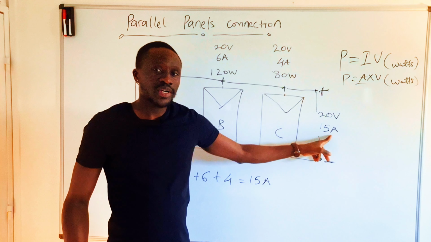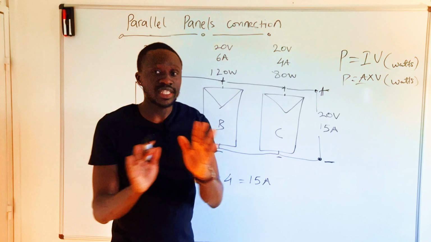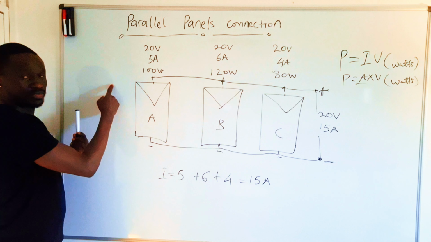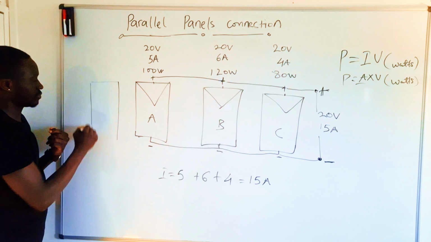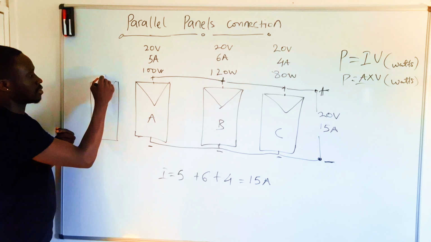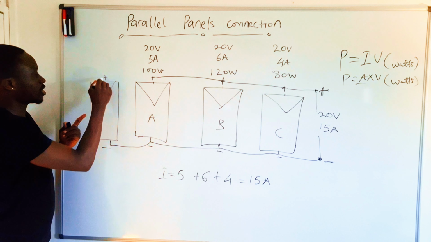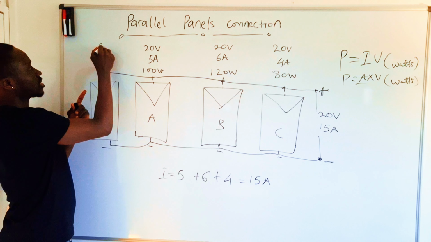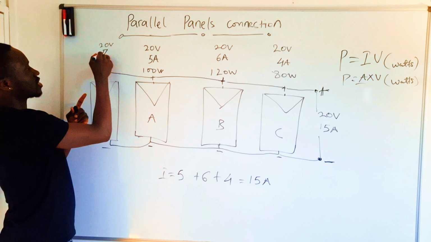We are aiming to increase the current, with the voltage constant. We need our 20 volts constant. Even though you add another panel like this, positive, negative, you connect this negative here and this positive here, with the same 20 volts and sizing, 5 or 7 amps.